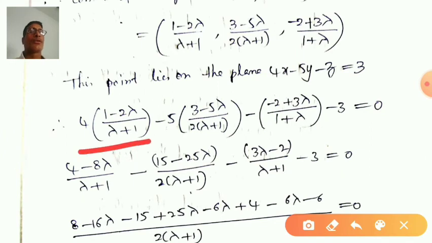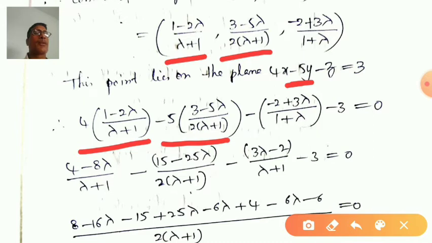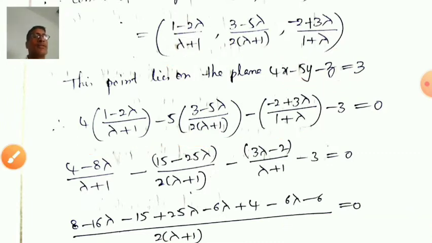4 into 1 minus 2 lambda by lambda plus 1, minus 5y means minus 5 into 3 minus 5 lambda by 2 into lambda plus 1, and also minus z. Minus z means minus of 2 minus 3 lambda by 1 plus lambda, minus 3 is equal to 0.